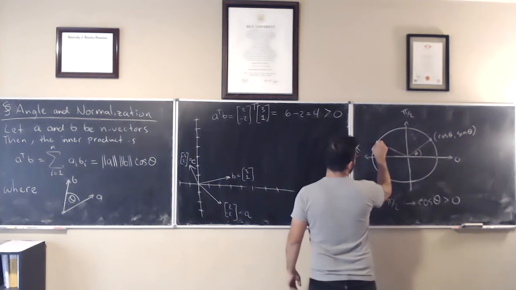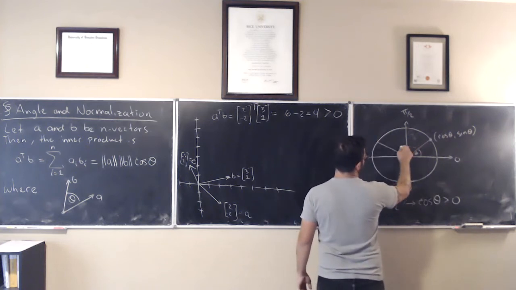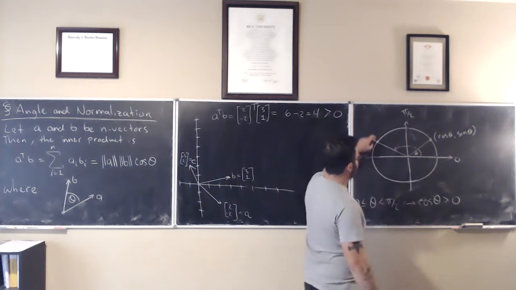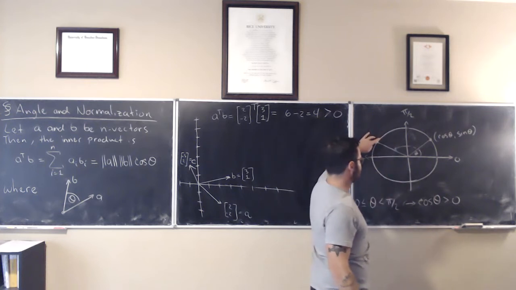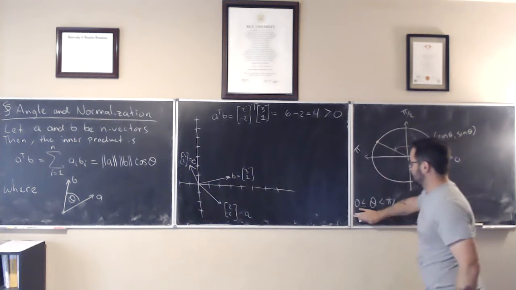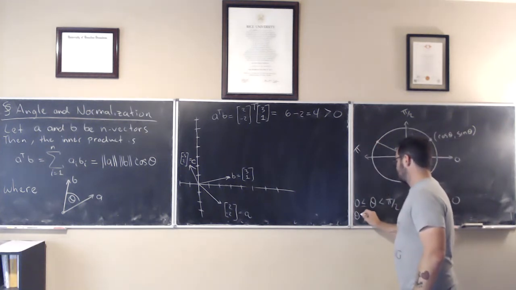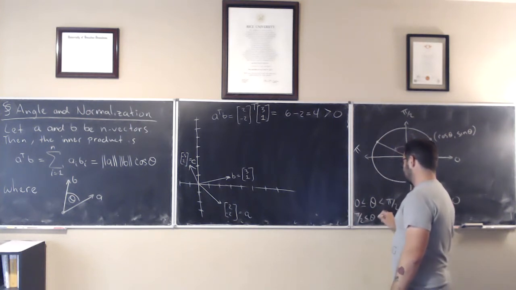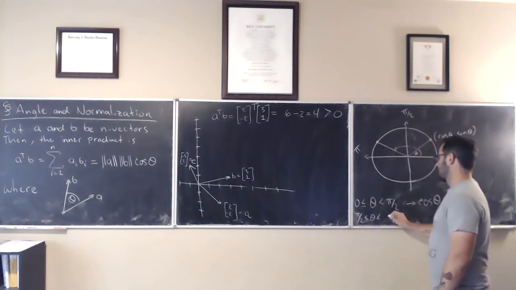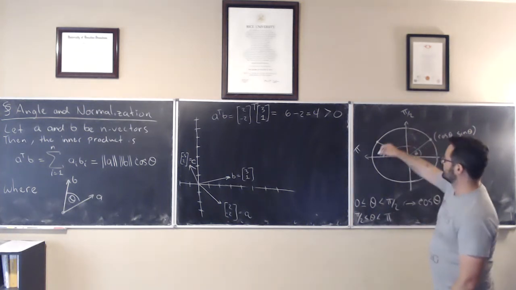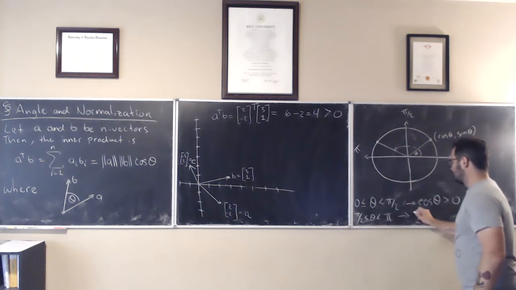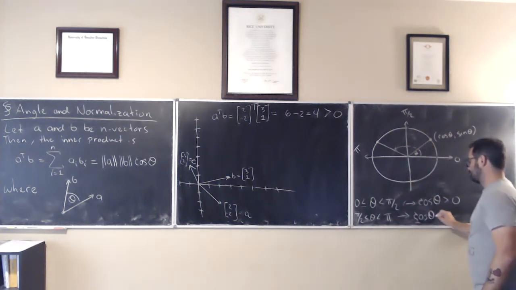However, if we stretched all the way around, then this would have a negative x coordinate. So if pi over 2 is less than theta, which is less than pi, all the way around, or 180 degrees, then cosine has to be negative.